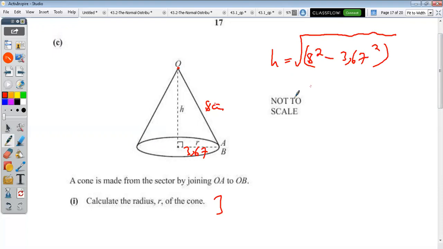So what do you get for the height? You get 7.11, to three significant figures.